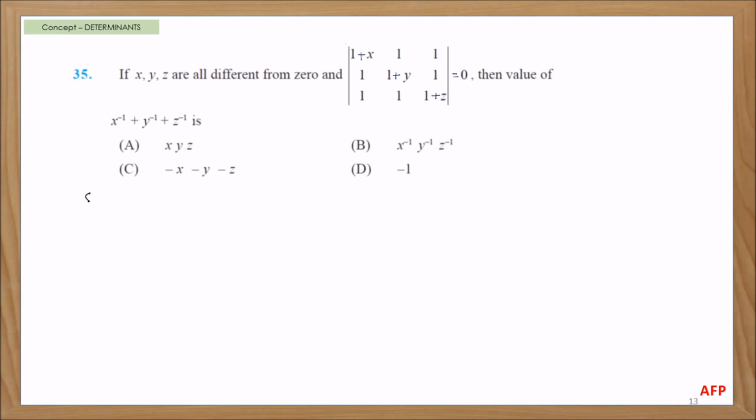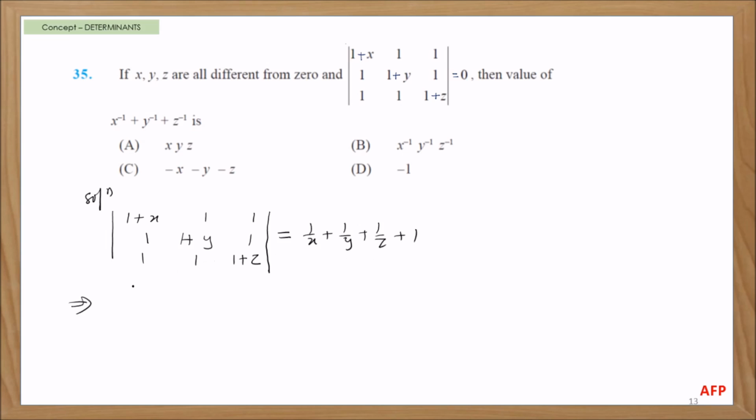Now this is the standard formula, the standard problem in NCERT textbook. So when you go for expansion, as a standard formula I told, it is 1 by x plus 1 by y plus 1 by z plus 1.